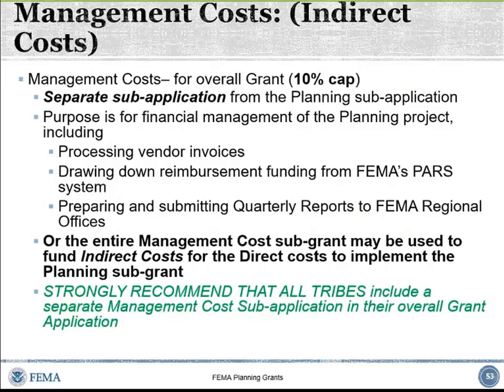Management costs. Okay, so management costs are available for all PDM grants. For tribes, this gets a little confusing, especially if all you're doing is a new hazard mitigation plan or a plan update. So imagine this: you have a planning sub-application, but you also get to charge indirect for the tribal-related staff time, small contracts, travel, supplies, etc., that are covered by your indirect cost rate program.